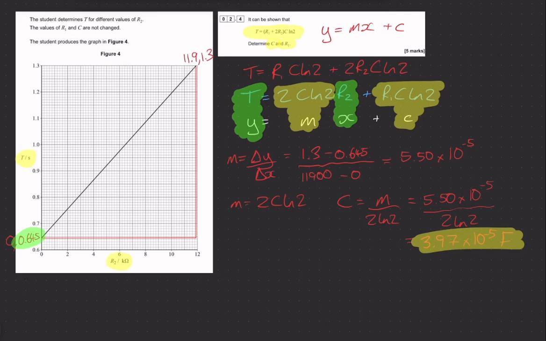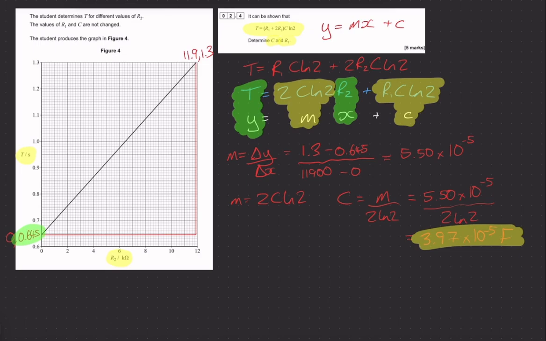I'm not going to write the y-intercept as c here because that'll get confusing with our other c. So I'll just call it the y-intercept. And we know that that's going to be equal to r1 c log 2. So rearranging for r1 gives us y-intercept divided by c log 2.